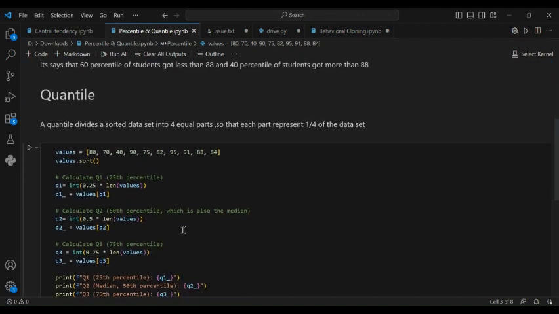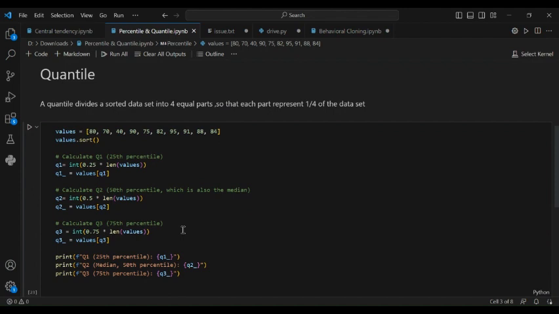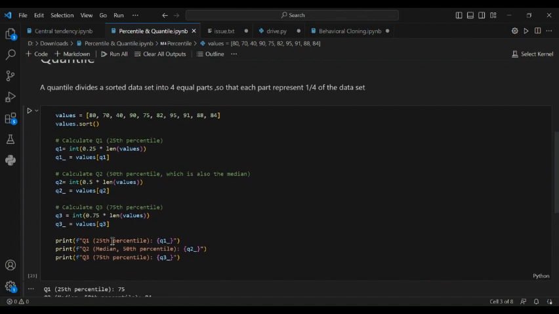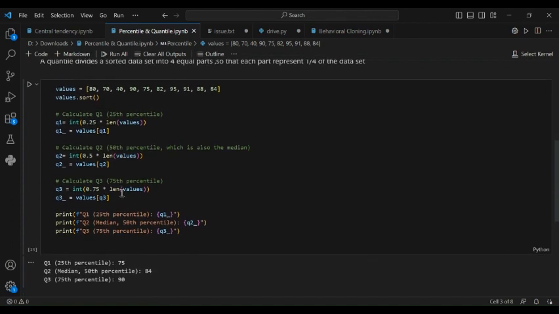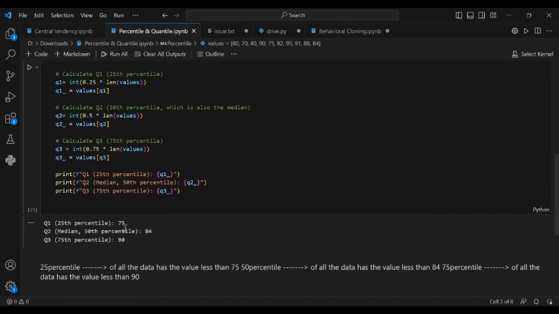Over there, we will be finding 25 percent, 50, and 75. So 25 is my Q1, the 50th percentile is my Q2, and the 75th percentile is my Q3. Here also we need to sort first, and then find it. So Q1 defines the 25th percentile, and the value I got is around 75. Q2 we also represent as the median.